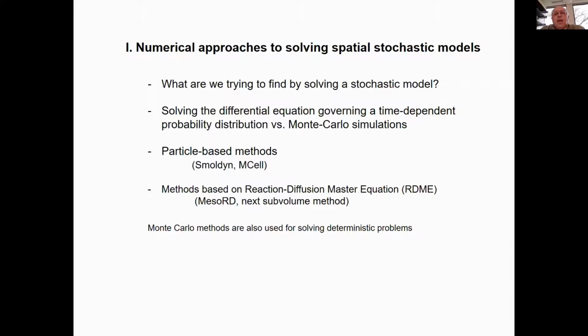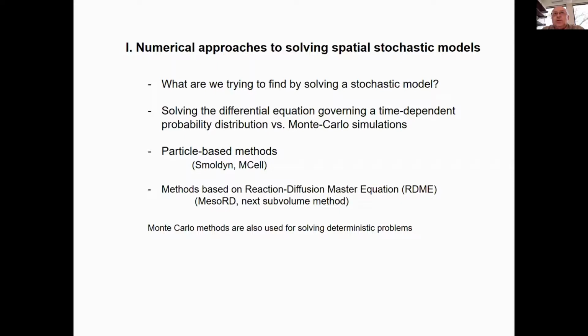So before I go to actual specific methods for solving stochastic spatially resolved models, I want to just clear up one question. What are we trying to find by solving a stochastic model? The answer is that what we're trying to find is the time-dependent probability distribution of the system.